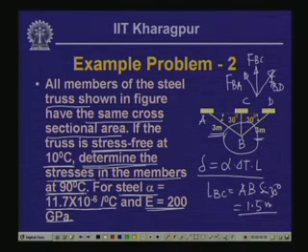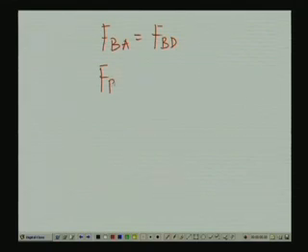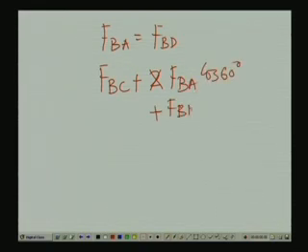Now, if we take the summation of horizontal forces as equal to 0, then it will give us FBA is equal to FBD, and summation of vertical forces equal to 0 will give us that FBC plus FBA cos of this angle, which is 60 degree, FBA cos 60 plus FBD cos 60 is equal to 0. So, the equilibrium equations give us FBA is equal to FBD, and FBC plus twice FBA cos 60 is equal to 0.